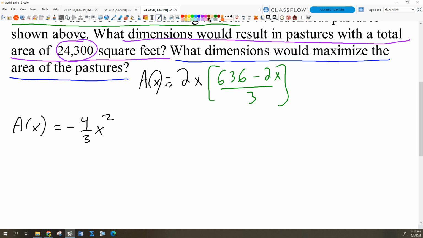When I distribute to the other term, so what am I going to get there? It's going to be this part right here. When I distribute the 2 here, I'm going to get 2x times 636 all divided by 3. Well, 636 divided by 3 is just 212, right? Isn't it? 2 times 212 is 424.